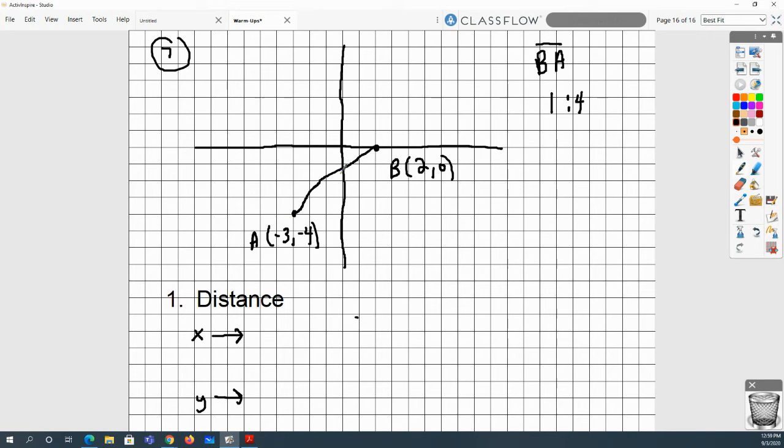Only focus on the X values. So it's going to be 2 to -3. We okay with that? You're only using the X values. And since it says B to A, you're starting with this X value at B, and I'm going to this value at A.